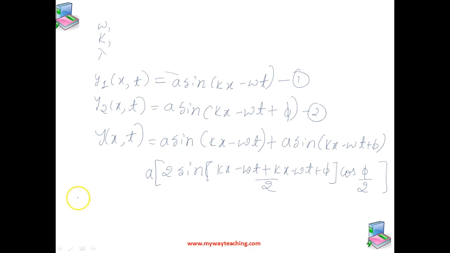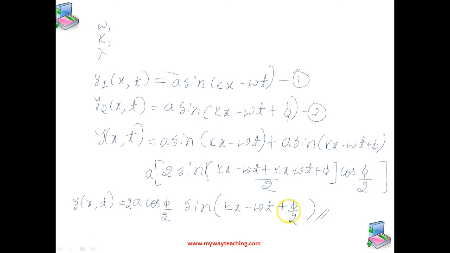And finally we get y(x, t) equal to 2a cos(phi/2) sin(kx - wt + phi/2), isn't it?